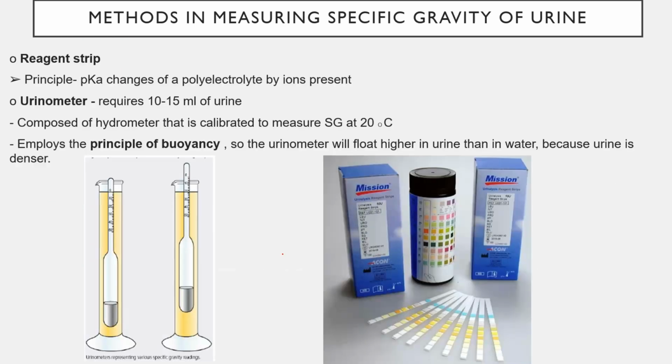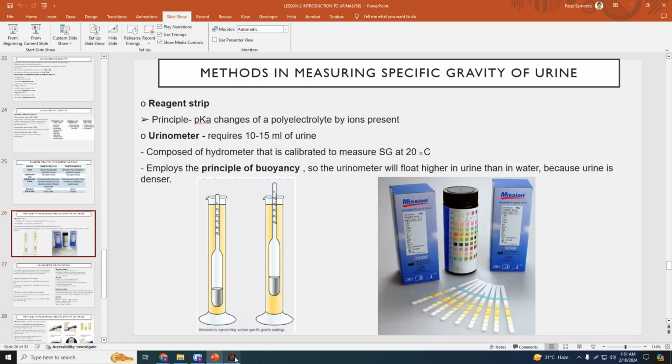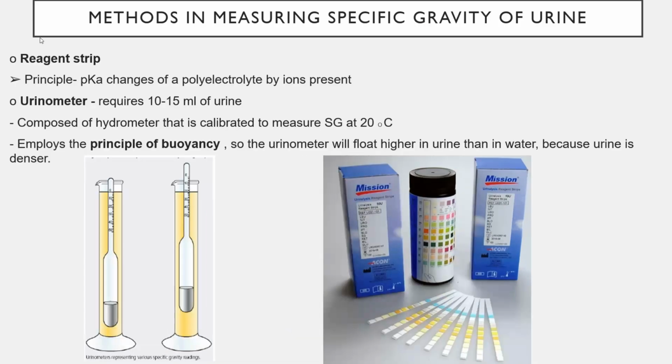Now let's go to another method of measuring specific gravity of urine. So we have the reagent strip, class. The reagent strip is based on the principle of pKa. pKa refers to changes of polyelectrolyte by ions present.